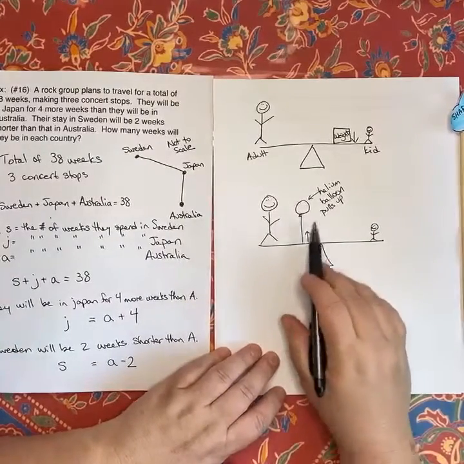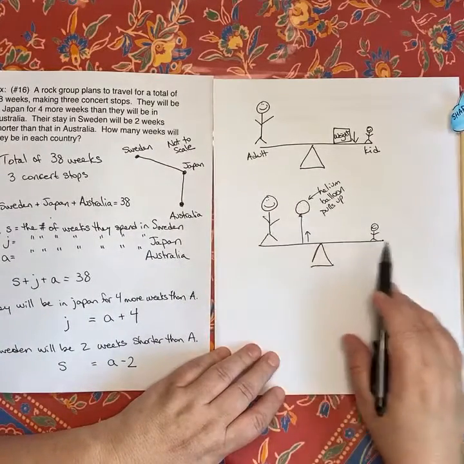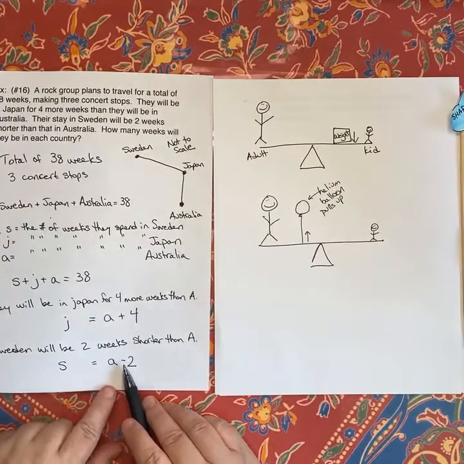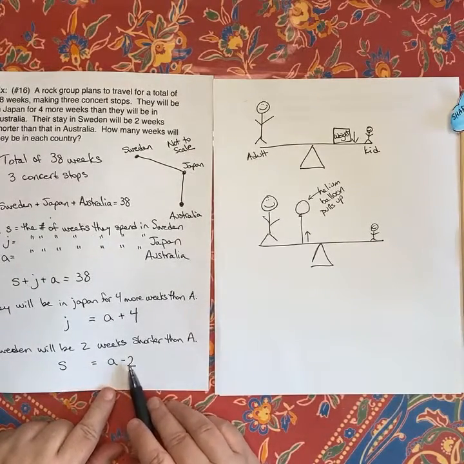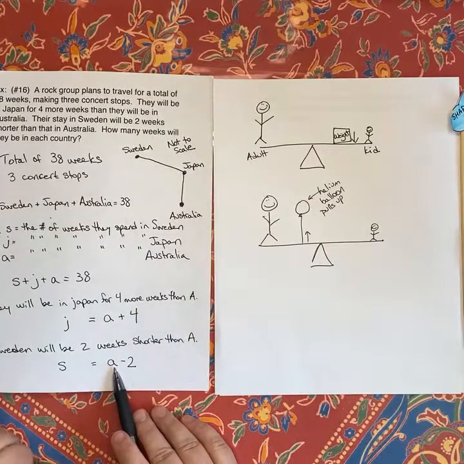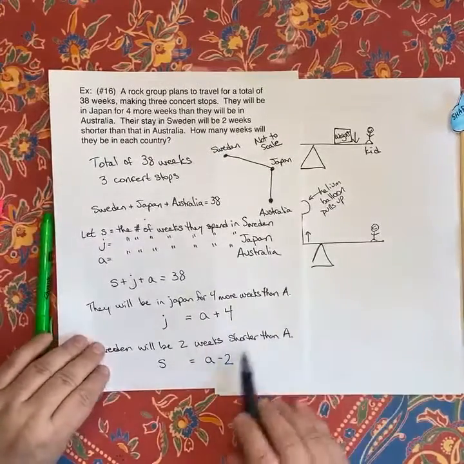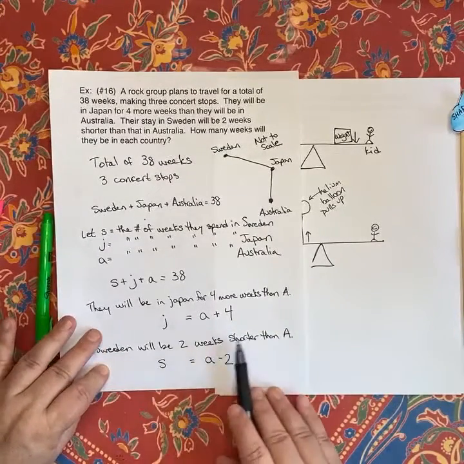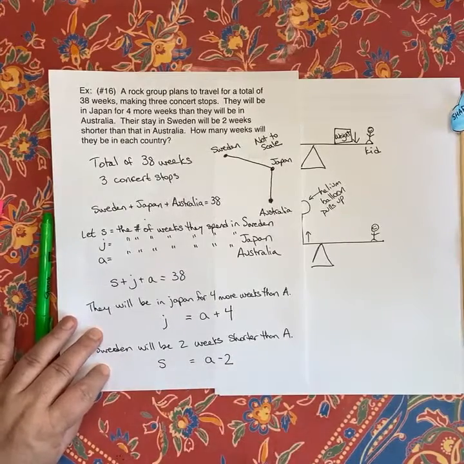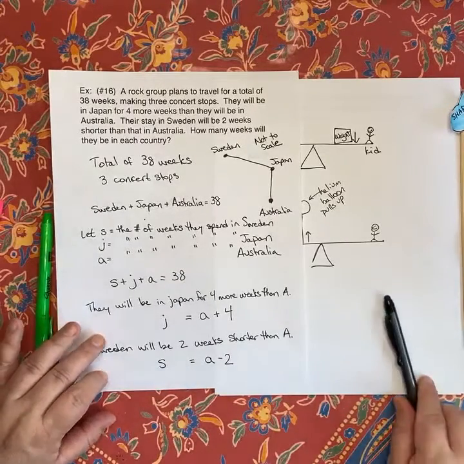So if I want to use a helium balloon to balance this, what would I do? I would take the bigger one and add a helium balloon, which would subtract some of the weight. So I subtract 2 from the larger one. Sweden is shorter than Australia. So you start with Australia, you take away 2, and that equals Sweden. So far, so good? Kind of, sort of.